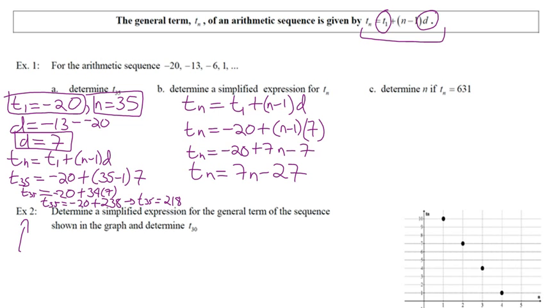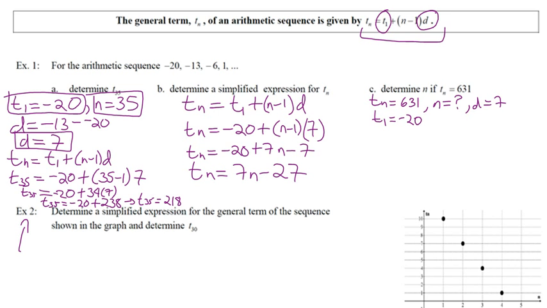All right, again, so let's list what we know. We know that t sub n is 631. We know that n is questionable. Well, it's not questionable. It's what we want to find, right? Don't know n, want to find it. We know that d is 7. We know that t1 is negative 20.